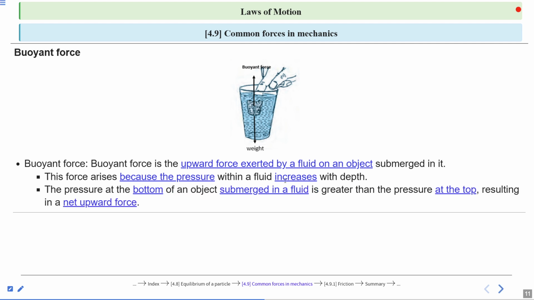The pressure at the bottom of an object submerged in a fluid is greater than the pressure at the top, resulting in a net force upward. In both cases, the pressure at the bottom is greater than the pressure at the top.